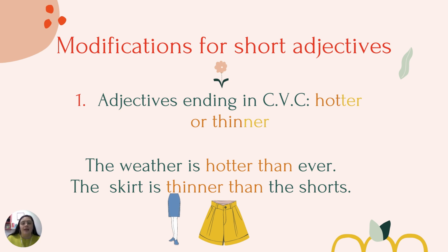You see that hot will be hotter, and we double the letter T. And then we have thin, that we double the letter N. Some examples of this one will be, the weather is hotter than ever, and the skirt is thinner than the shorts. So basically, guys, for short adjectives that have just one or two syllables, you have to add the er. But remember the modifications that I just explained to you.